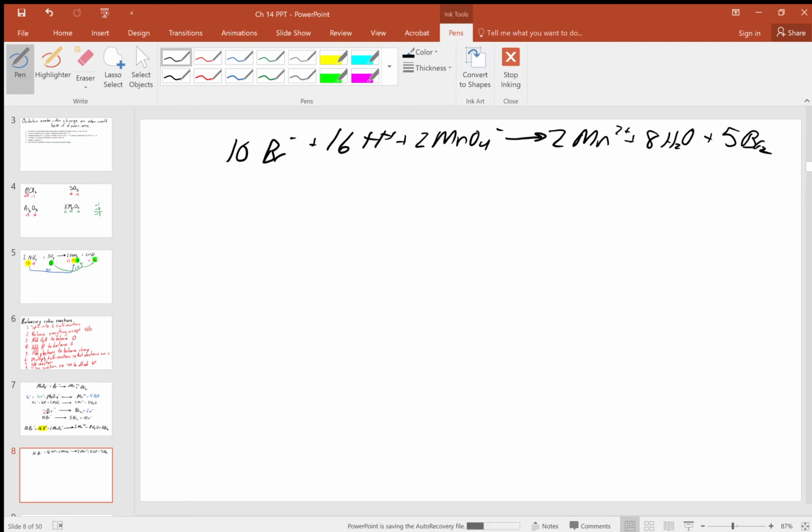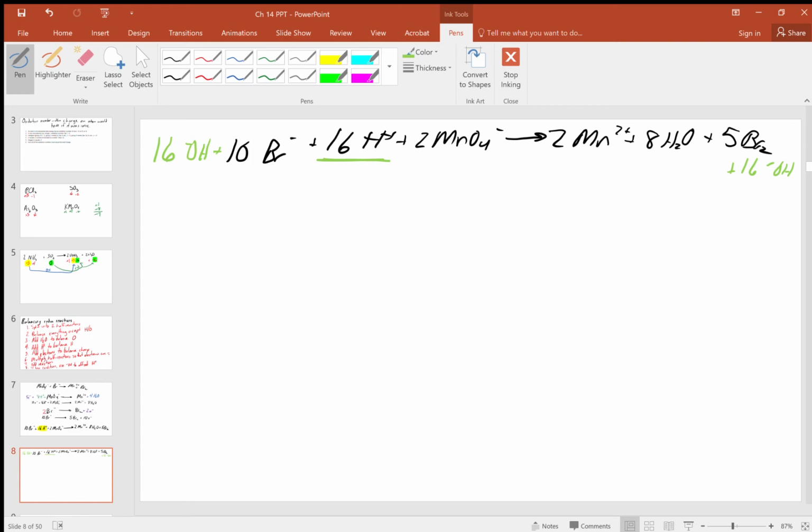Well, what we do is we add hydroxide. And we add enough hydroxide to offset all of the H plus. And just like with a mathematical equation, as long as we add something the same to both sides, it doesn't affect what we're working on.